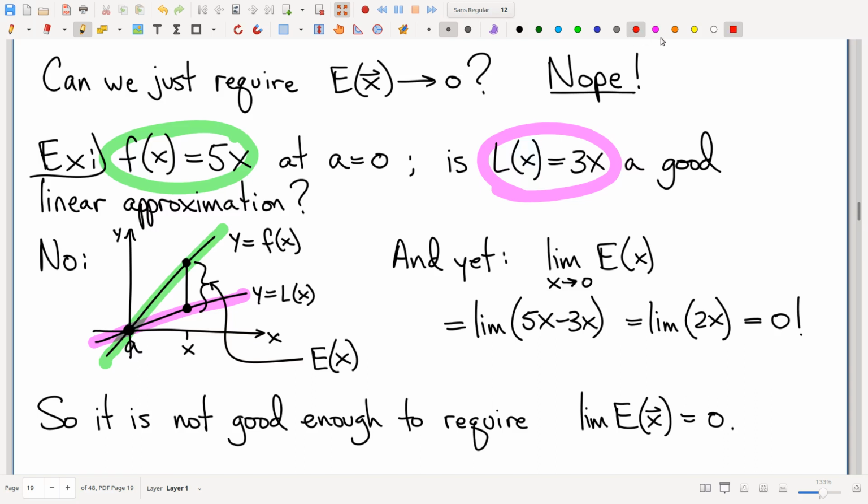The error is the difference. You can see the error right there. Actually, let me do this with the pencil so it'll be more visible. Here's our error right there. And as x approaches a, namely as x approaches 0, those errors get smaller and smaller and smaller. Those errors indeed do approach 0.